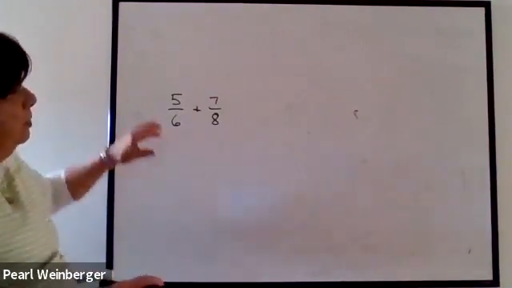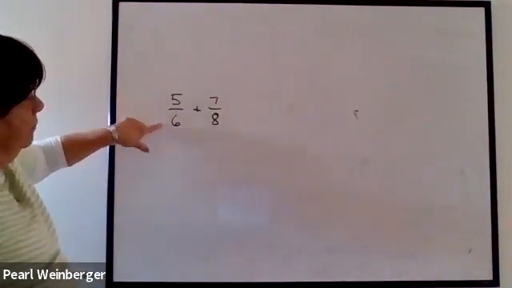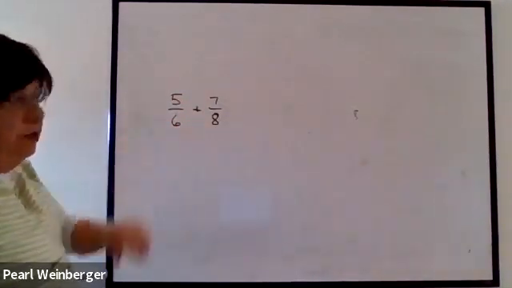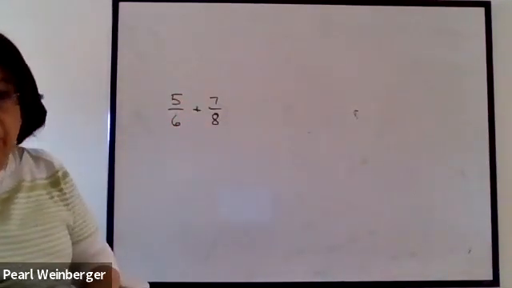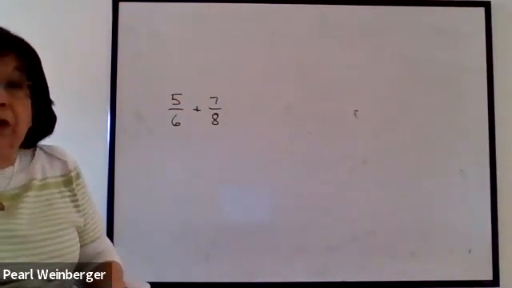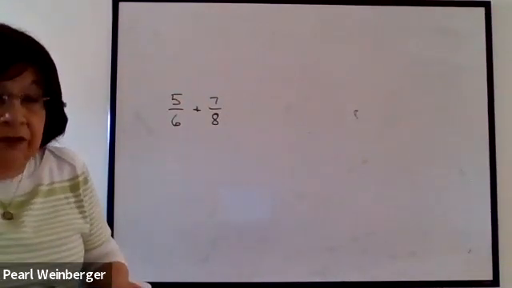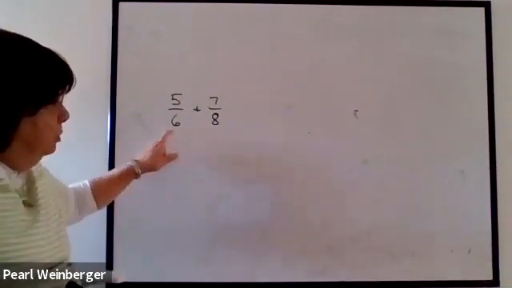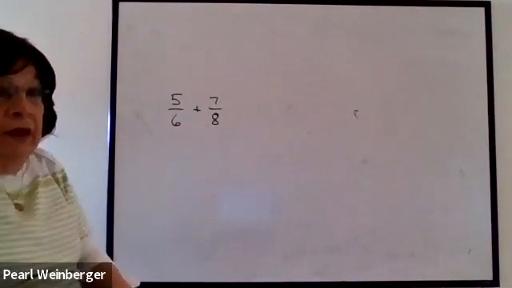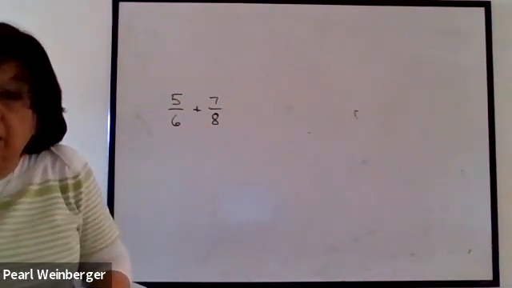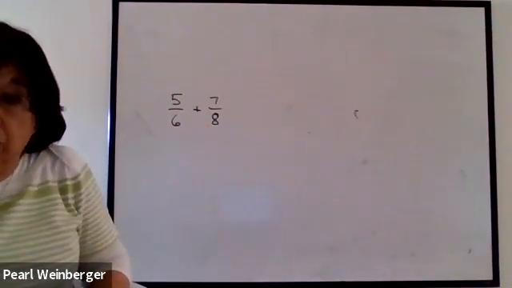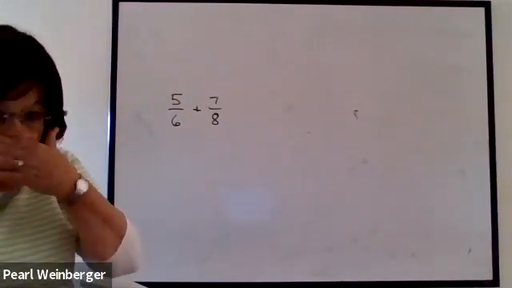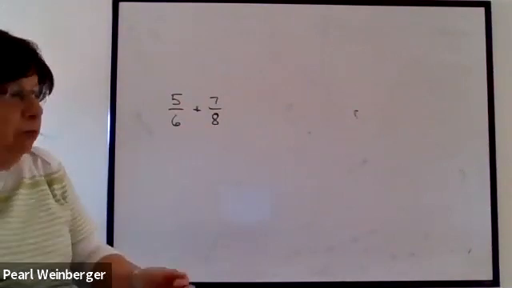Okay, so let's say I wanted you to add the fractions 5 over 6 with 7 over 8. Now the problem is they have different denominators. What we're going to try and find is a number that both of these two numbers will go into. In other words, what's called the least common multiple, the LCM.